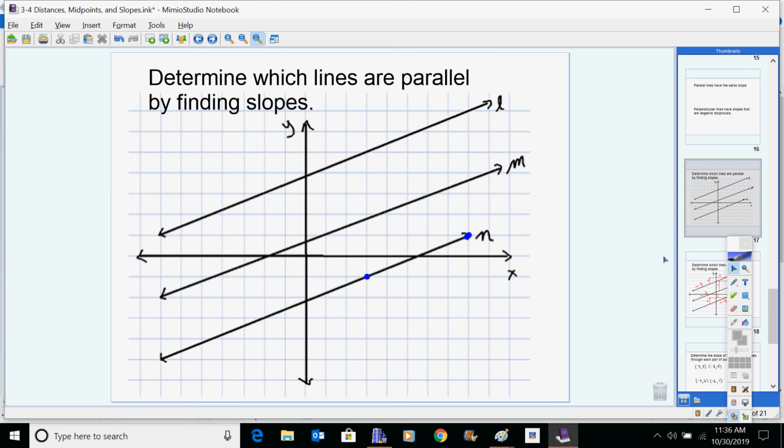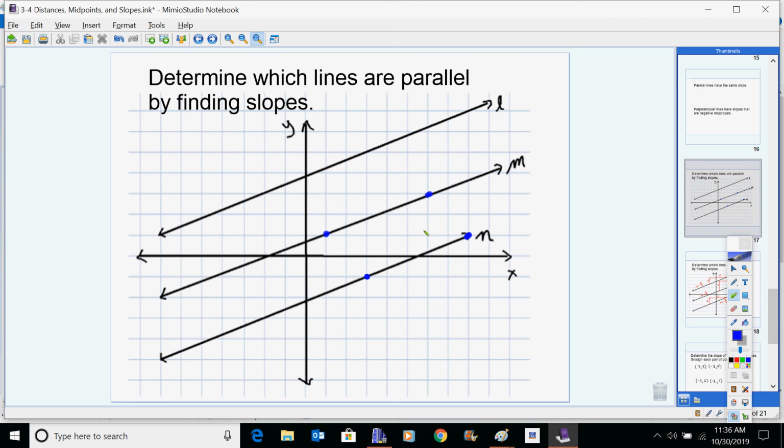And this one, even though it's giving me a hard time as far as the writing, this one is going to be, if we put our dots in, here and here. 1, 2, 1, 2, 3, 4, 5.